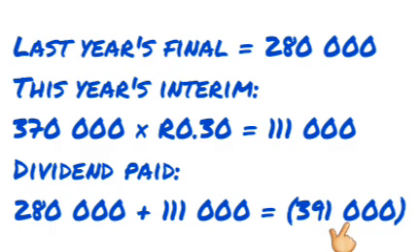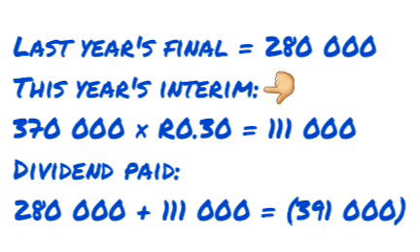Remember, we are doing the statement of cash flow, so it's important to indicate if it's an inflow or an outflow. If it's dividend paid, it's going to be an outflow, so it should say so. A dividend outflow, you show that by showing in brackets. Again, just to reiterate, dividend paid this year, we are going to pay last year's final and this year's interim.